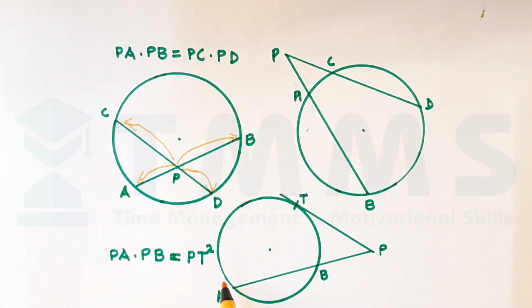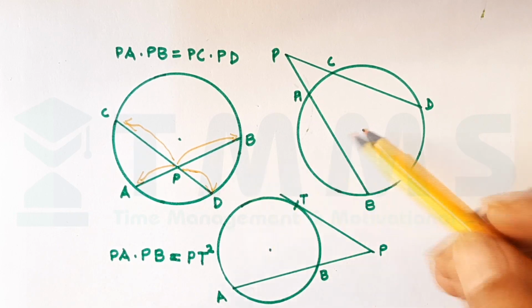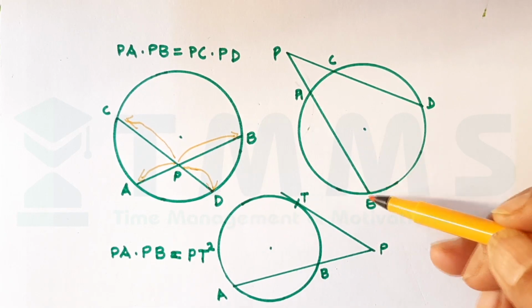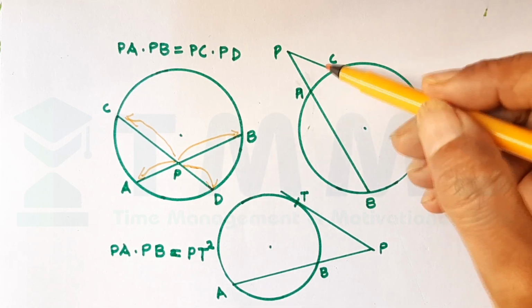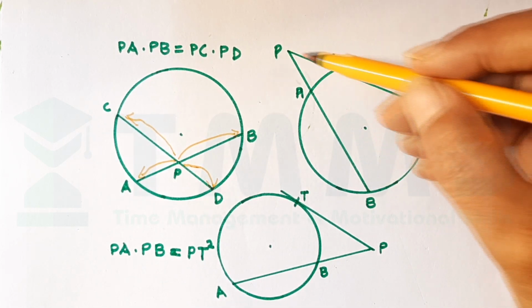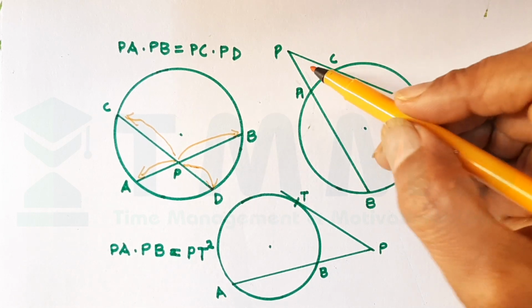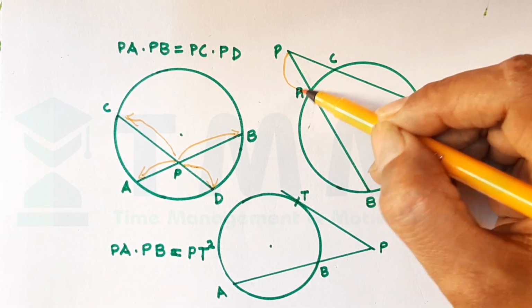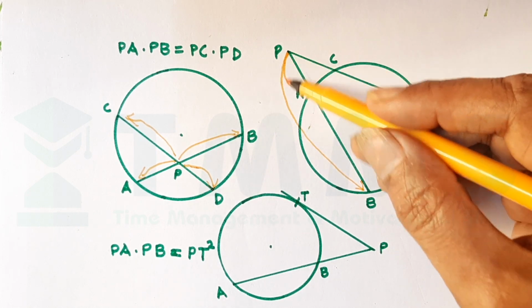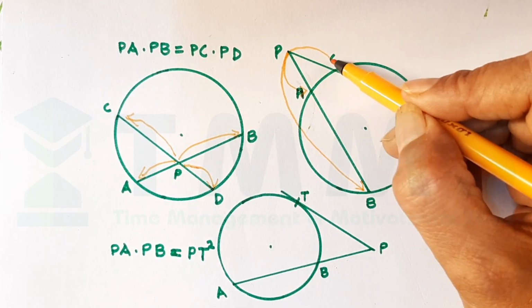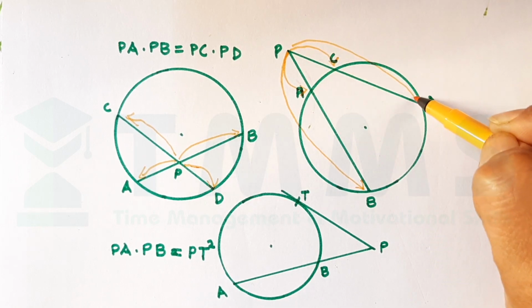Can you see that? Now, these two chords can even meet externally. So if we have BA and DC, they are produced to meet at P, then which are the segments that are formed? PA and PB. So PA into PB will be equal to PC into PD.